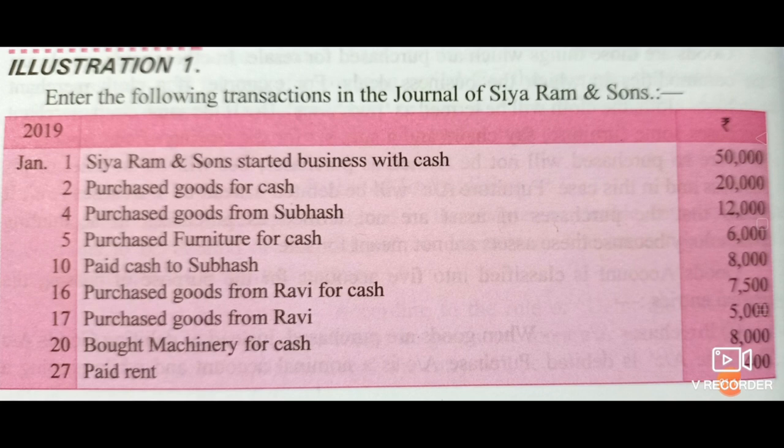And on January 27, paid rent rupees 400. Okay, so now we have to prepare the journal and pass the journal entries from these transactions. So we have to pass the journal entries of this problem, Siaram and Sons. Some transactions are given here.